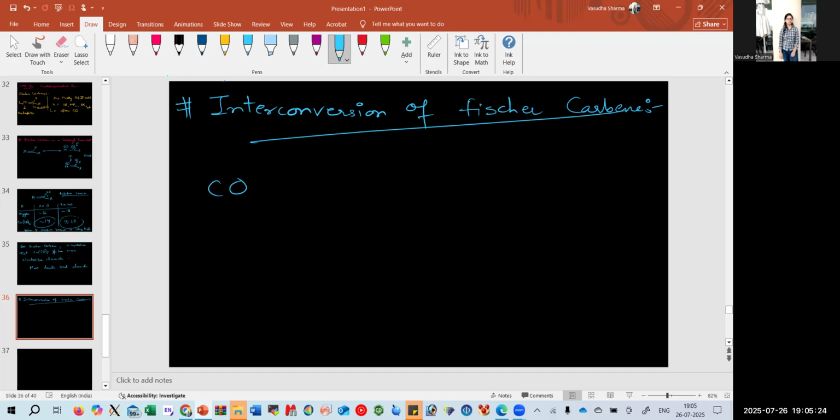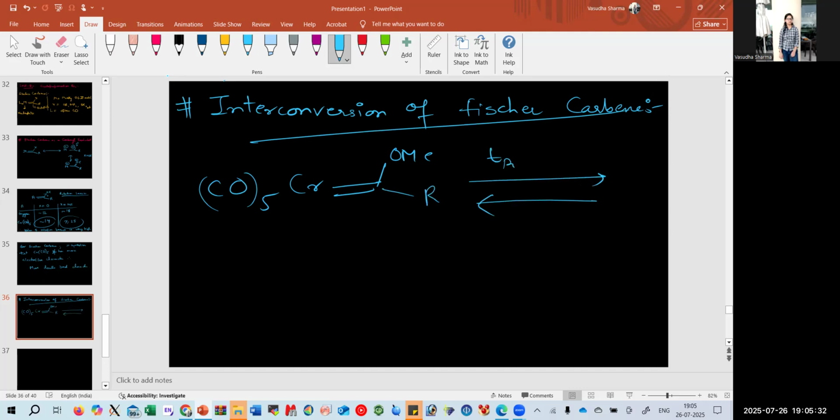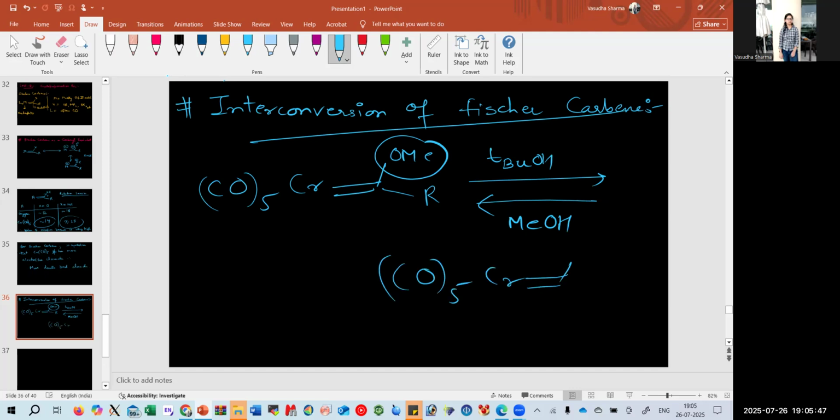Take a Fischer carbene, which is Cr, OMe, and R, with tertiary butanol and methanol. If I have a methoxy group here, and this is a tertiary butanol, it can easily interchange to the tertiary butoxide group here. Or if I give methanol again, it will go back to this one.